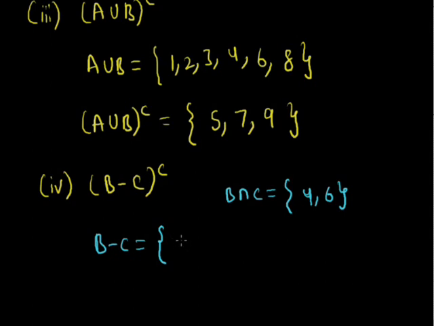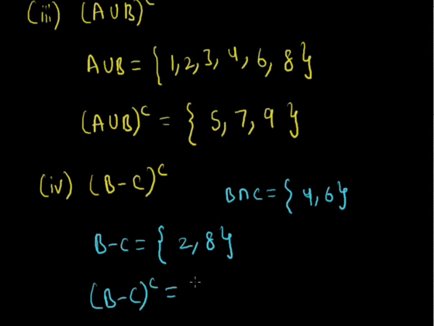Now we need to remove these elements from B to get B minus C. So we need to remove 4 and 6 from B to get B minus C. If we remove 4 and 6 from B, we'll get the elements 2 and 8. So these are the elements which are there in B minus C. And now we need to find out B minus C's complement.